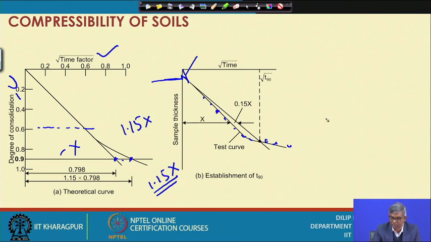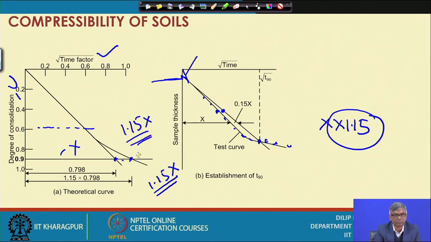Suppose this is 1 and we read value x, you multiply by 1.15 and establish a point here, then join this to this and extend it. Then after extending, it will intersect the original curve somewhere here. Since it is at 90%, that is the observation we have seen, 1.15 times, and now we are doing the reverse. Now we consider this as a fact.